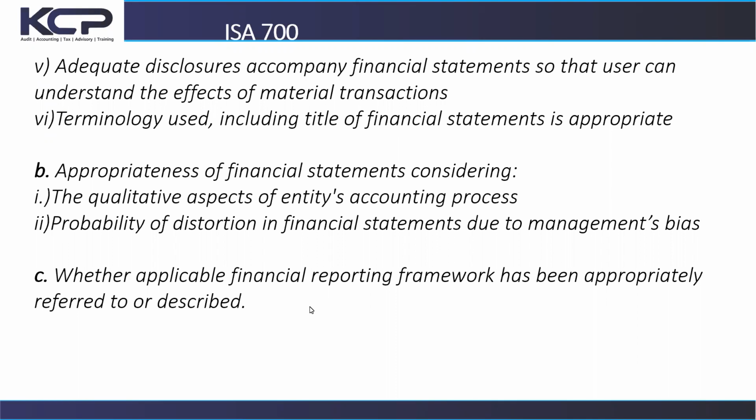It's providing narratives to how those summarized figures in those statements were arrived at. Please take note of that. So what this fifth point is speaking to is that adequate explanations or narratives accompany the financial statements so that users can understand the effect of the material transactions. I hope that is clear.